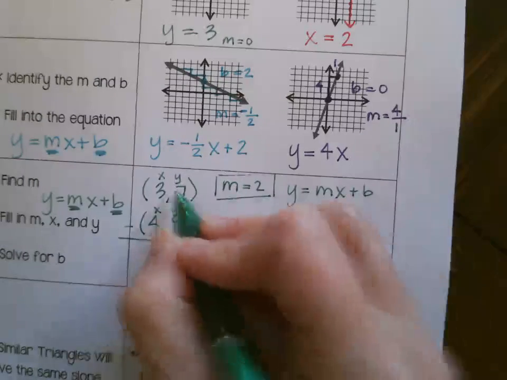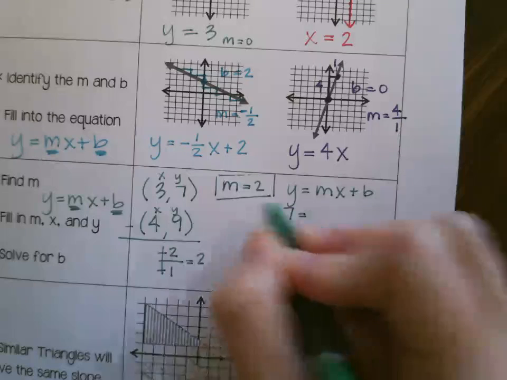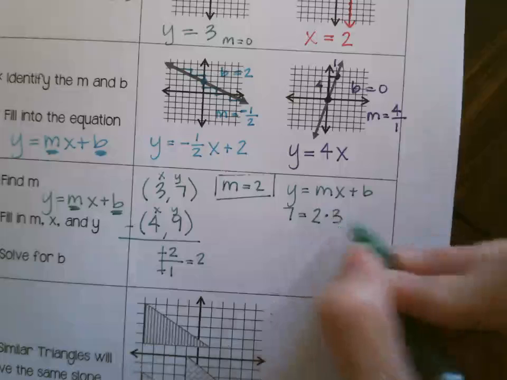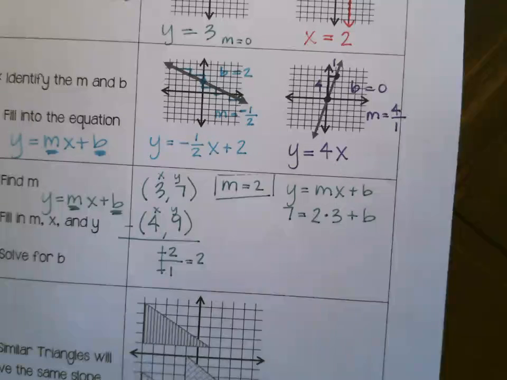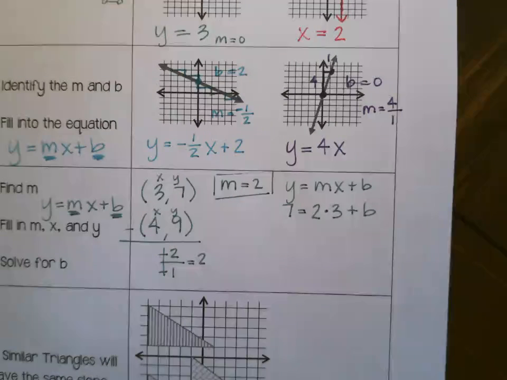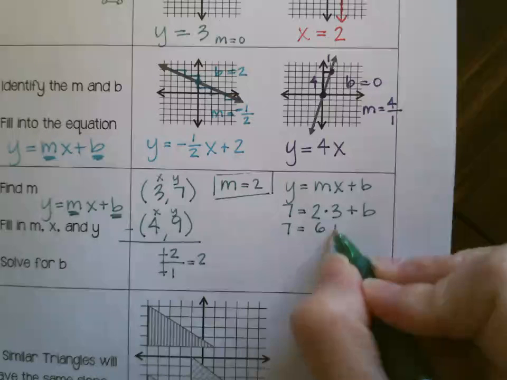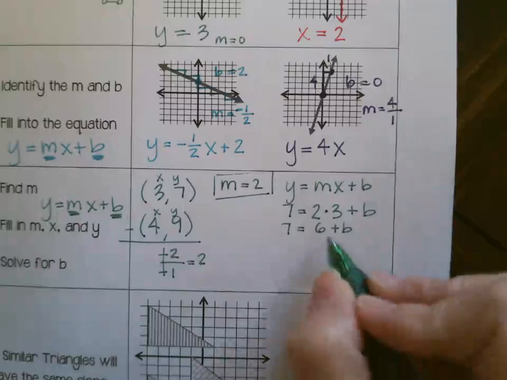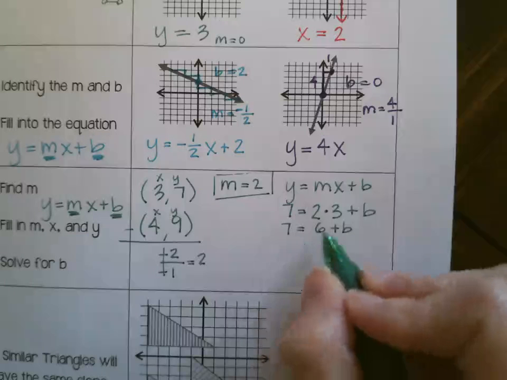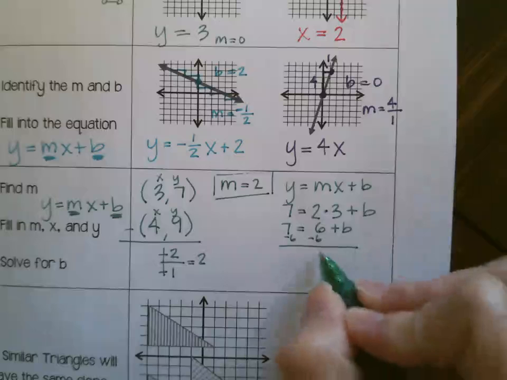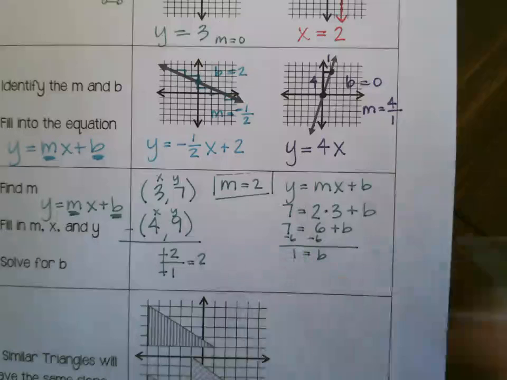The y is 7. The m is 2. The x is 3. And I need to figure out the b. All right, so let's see. So this would be 6 plus b. Well, if I subtract 6 from both sides, I can tell that b is 1.